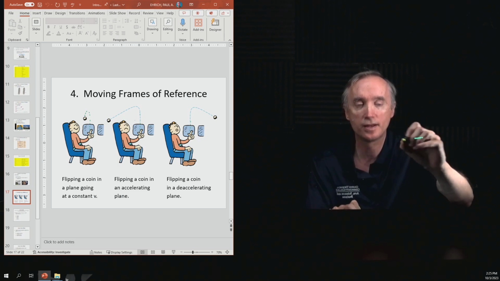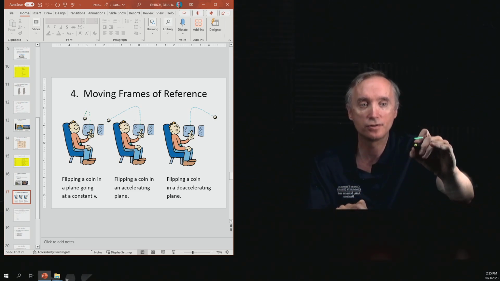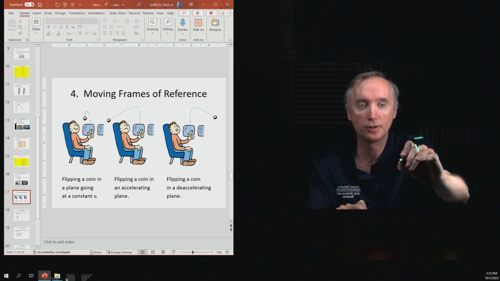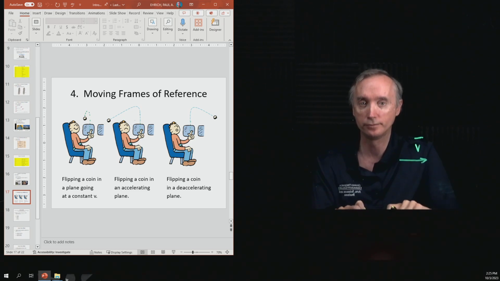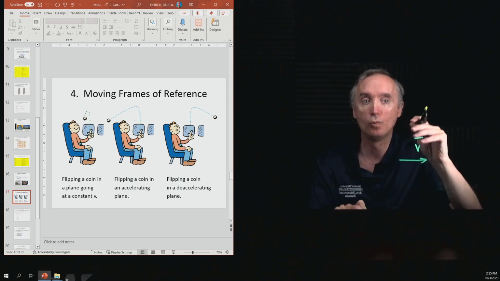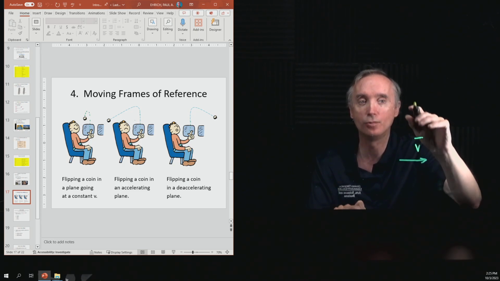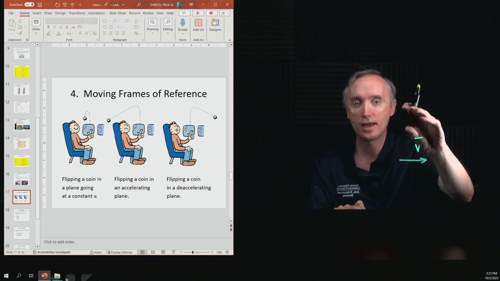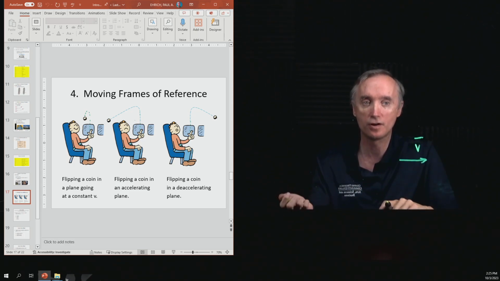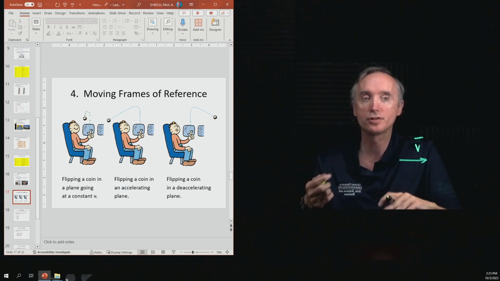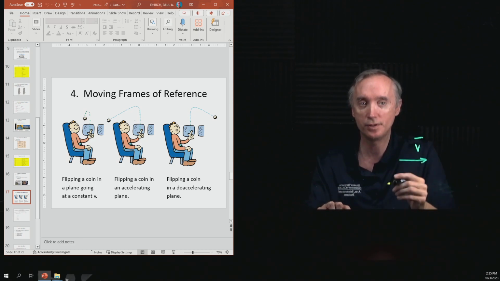Let's say that the second you flip it, it has a certain speed, because the airplane has a certain speed as it's going down the runway. Once this coin has this speed, it will always have that same speed. That's Newton's first law of motion: an object in motion stays in motion with a constant speed.